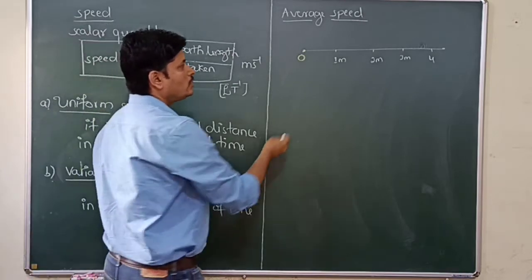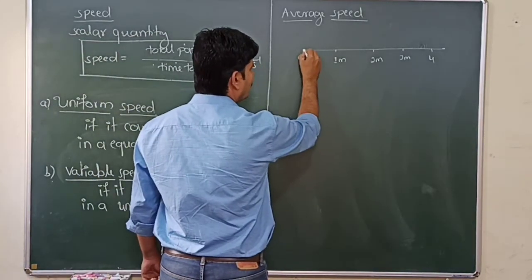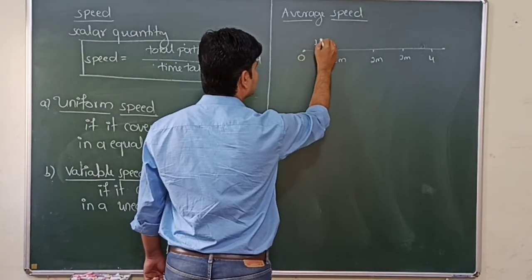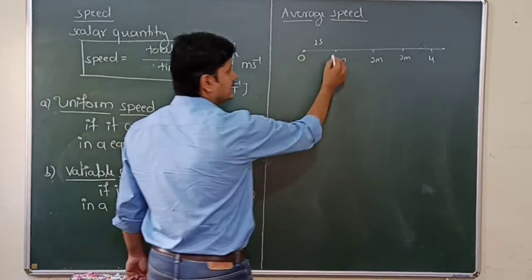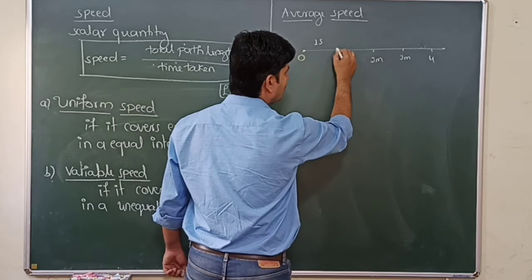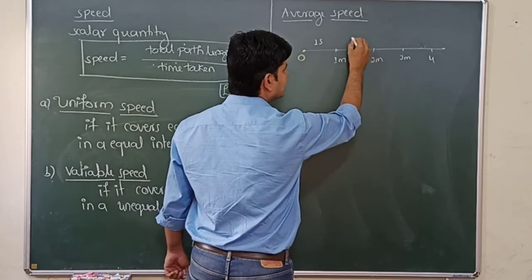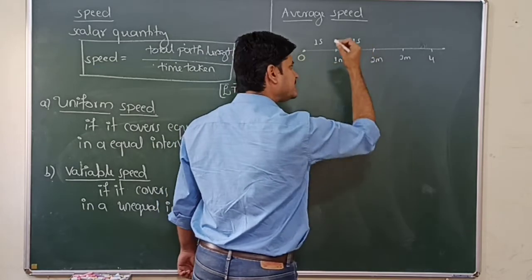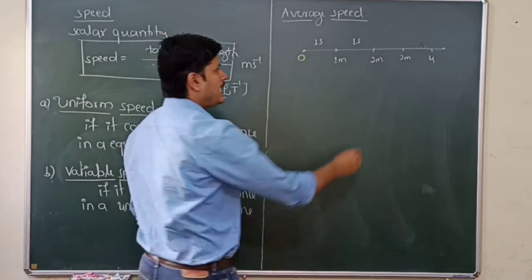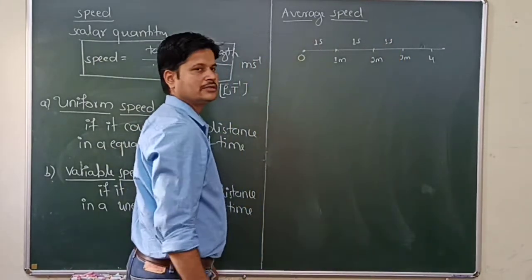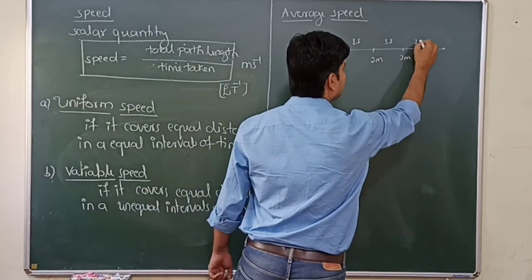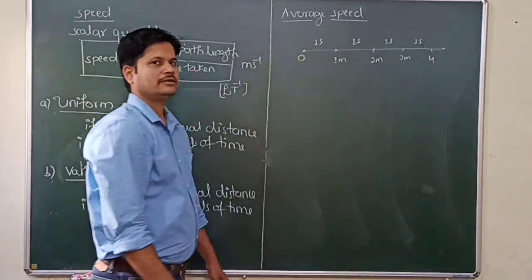If the object covers the first meter, it takes 1 second only. The second distance, from 1 to 2, takes only 1 second. The third meter it covers in 1 second, and the fourth meter is also covered in 1 second only.